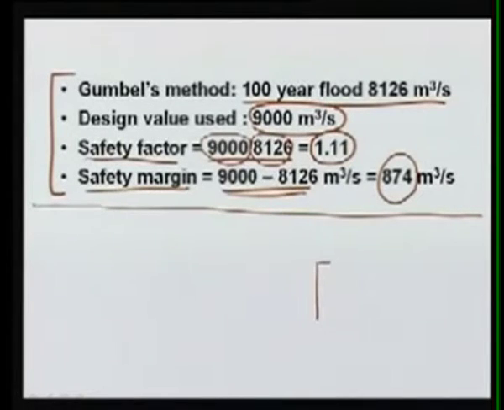So for example, if we have, let's say, a dam here, and there is some inflow coming in, there is a water level here, the discharge over the spillway Q will depend on what is the water level here or what is the height h.